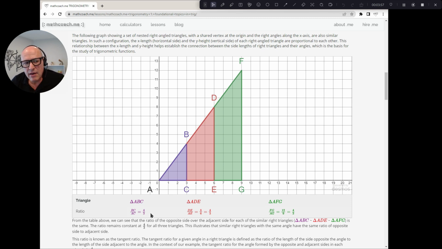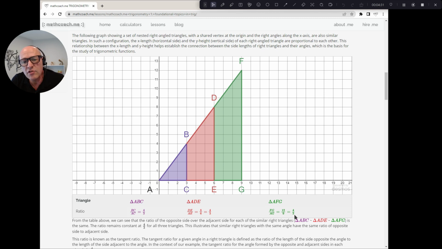If we compare the same ratio for our red triangle, the height of 8 over the base of 6, we get a ratio of 8/6, which is also 4/3. And if we compare for our green triangle the height of 12 over the base of 9, we get the same ratio, 12/9, which reduces to 4/3. So we have common side ratios for similar triangles, which is also one of the properties of similar triangles.